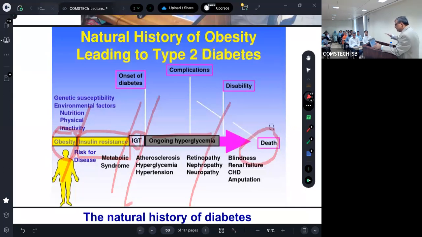This is the way diabetes develops. So using this consideration, we try to make a diabetes model as well as a pre-diabetes model, taking this natural history of obese type 2 diabetes in humans.